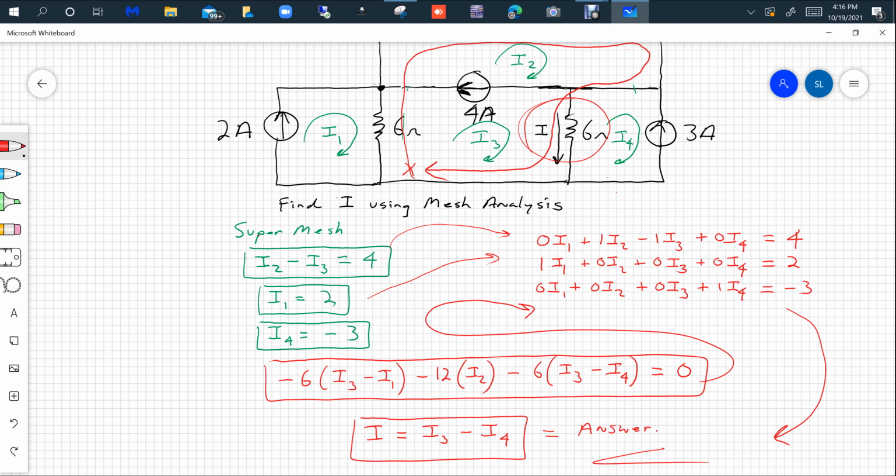There's two ways to handle supermeshes. Just define loop currents such that only one loop current goes through each particular current source. But you don't have to worry about that technique if you use a supermesh. And the supermesh analysis works as well. I hope that this video helps.